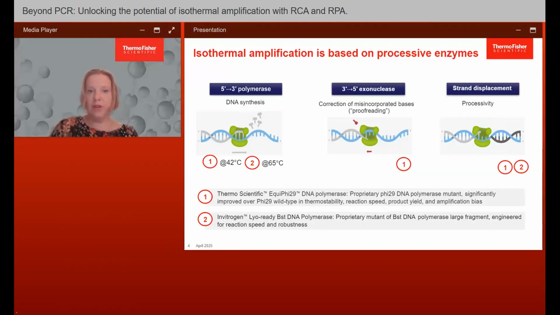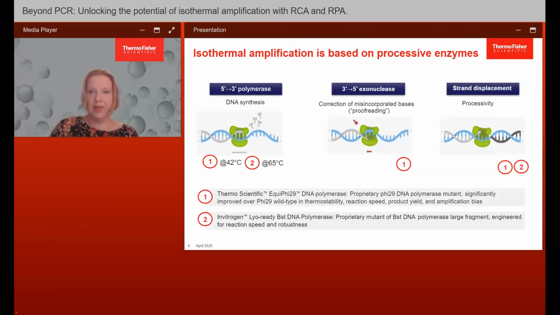And the second type of polymerases is BST DNA polymerase and other bacterial origin DNA polymerases. The Phi29 is more processive than bacterial polymerases.